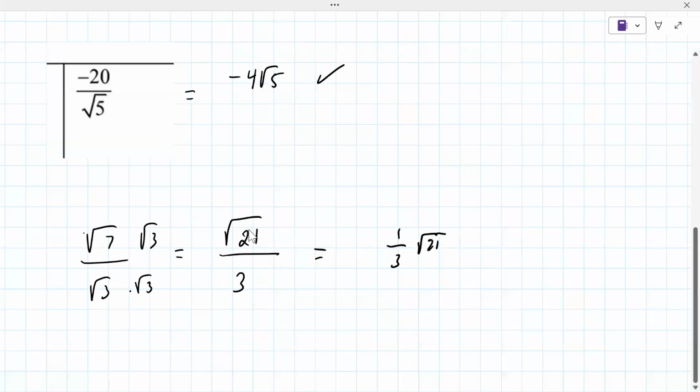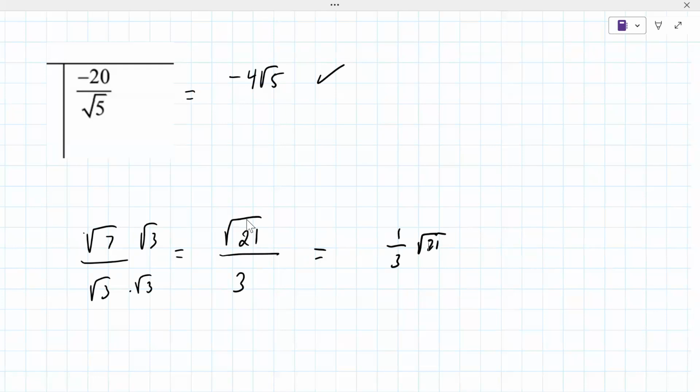Square root of 21 doesn't reduce, so it just becomes square root of 21 over 3. You can write it as a fraction like 1/3, but it's up to you. It's not necessary.